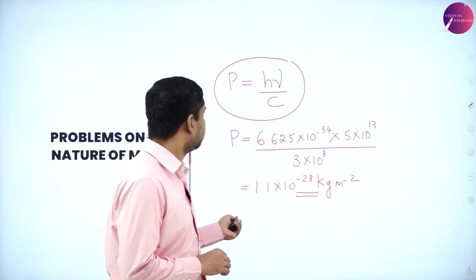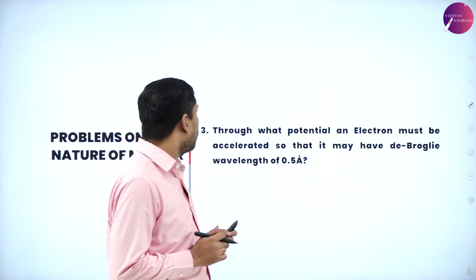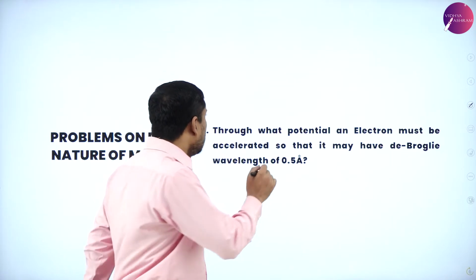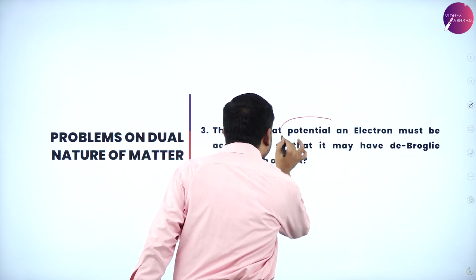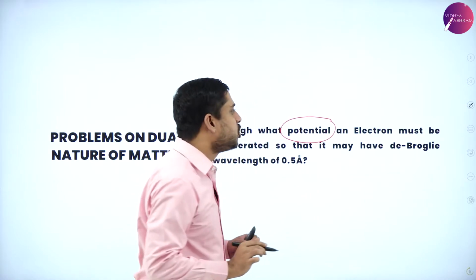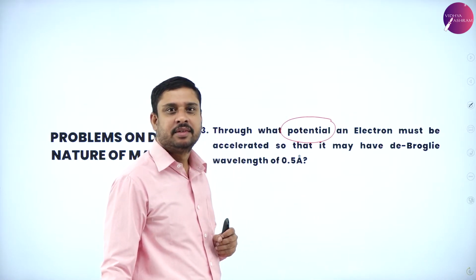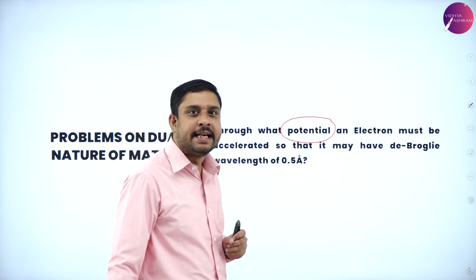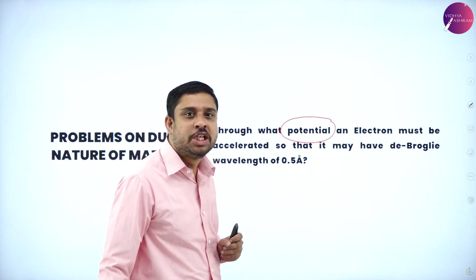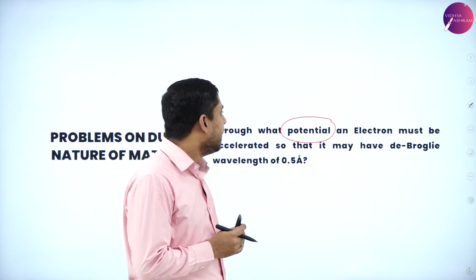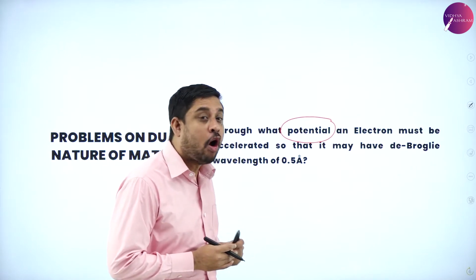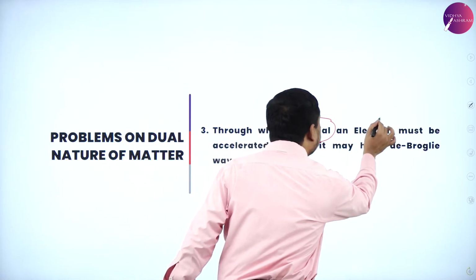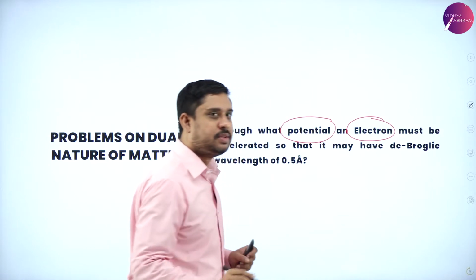Next one. Again a simple one. Through what potential? He is asking us potential. An electron must be accelerated.